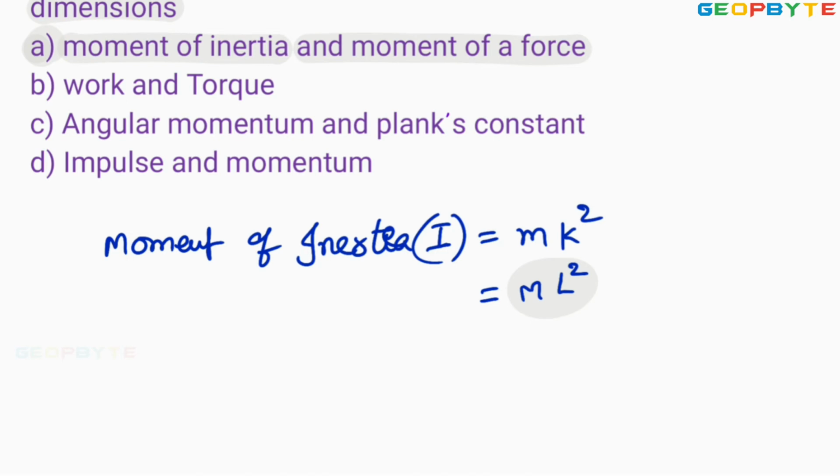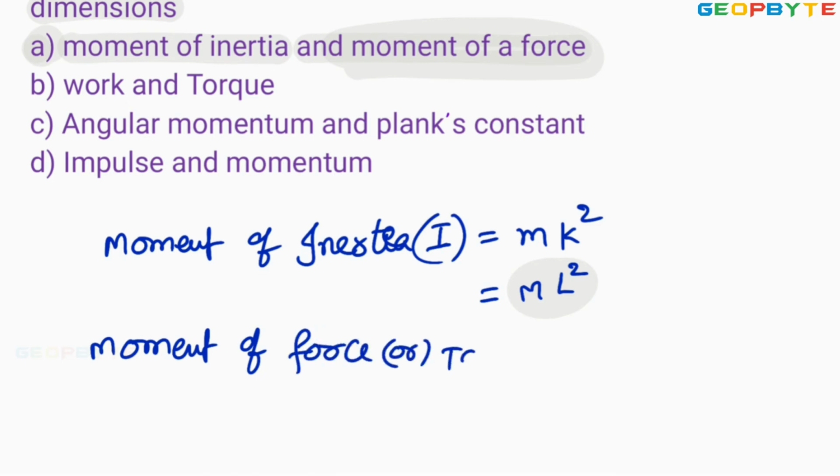Now come to the moment of force. Moment of force means torque only. Moment of force or torque. Moment of force is nothing but a torque. Torque equals force multiplied by radius.